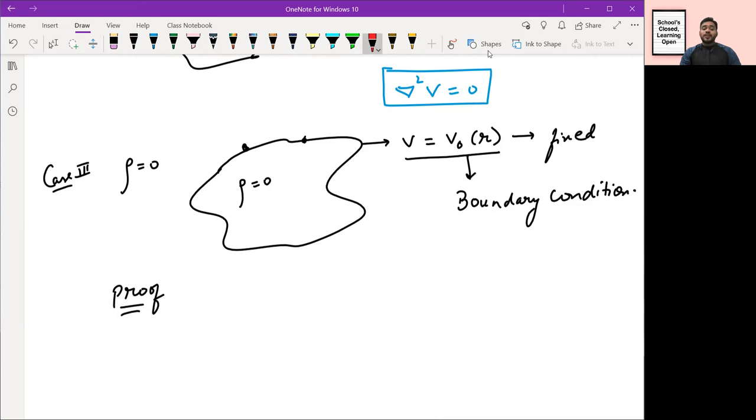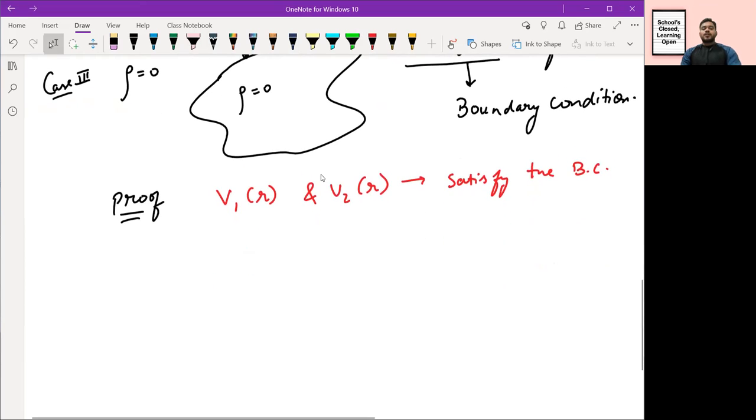Let's assume that there exist two functions of potentials V1(R) and V2(R) inside this volume, and both will satisfy the boundary condition, that the potential at the surface will turn out to be V naught(R). That means V1(R) equals V2(R) equals V naught(R) at the surface.